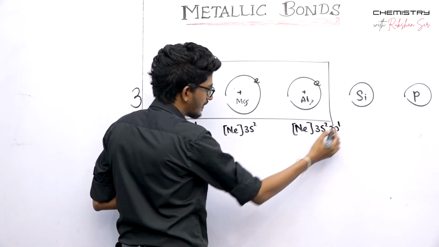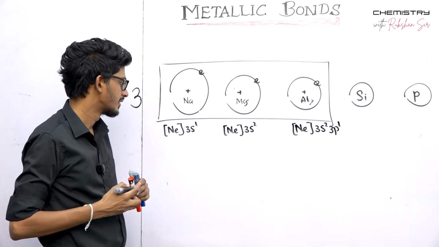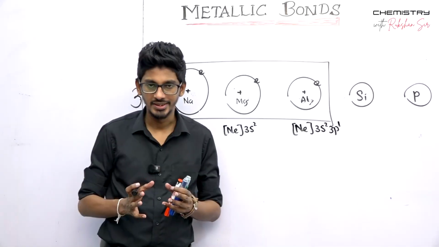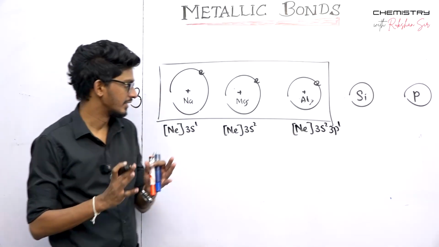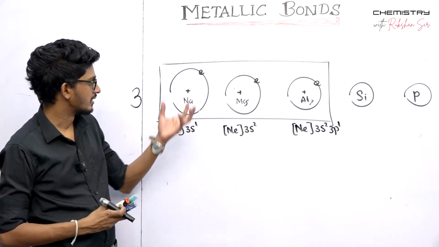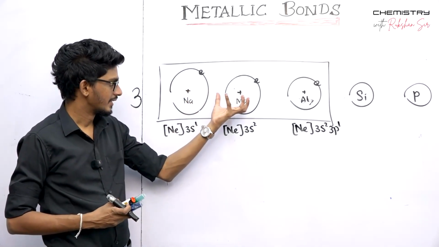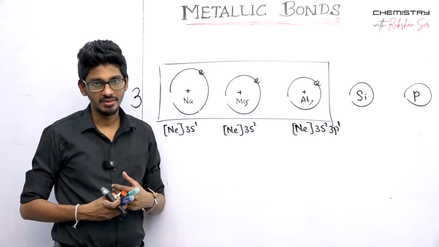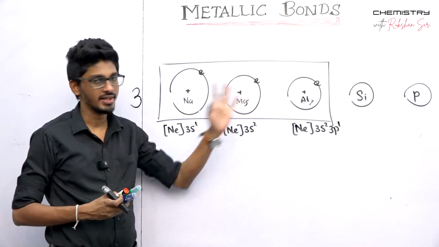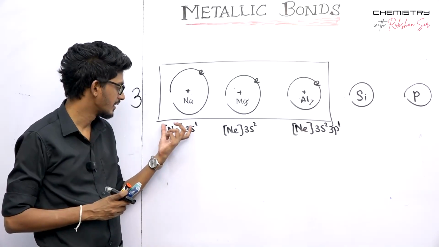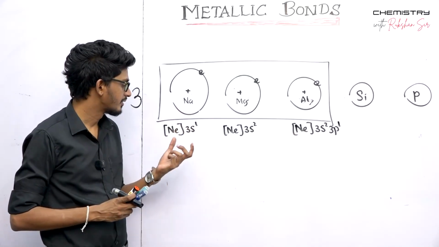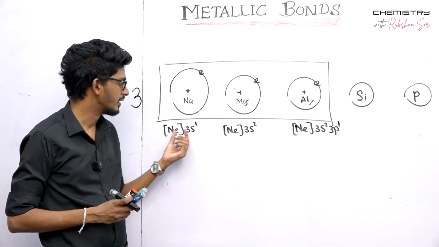Just after the noble gas, you will find the metals in your periodic table. So first, metals have somewhat larger radii compared to other atoms of the periodic table. Secondly, those metals can be found just after the noble gas in your periods.